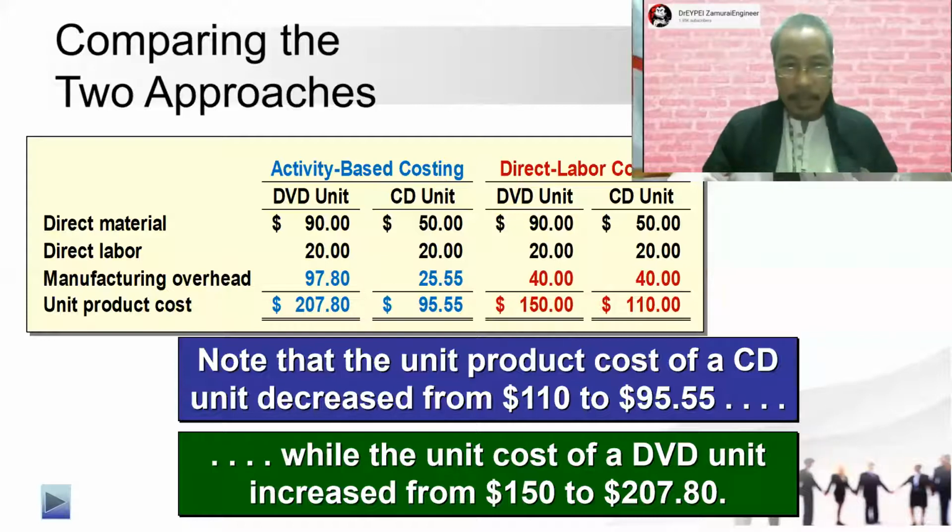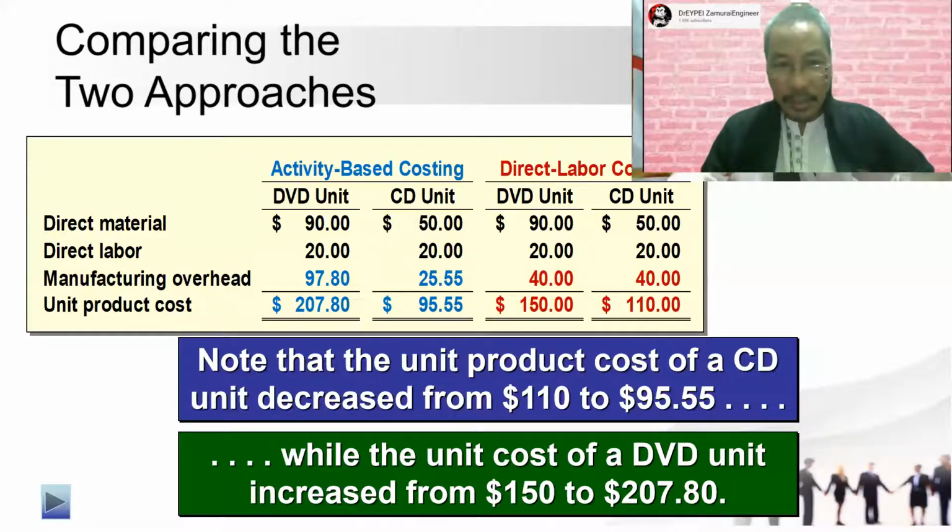But in activity-based, it is different. Those activities which utilize more expensive overhead will correspondingly arrive at a bigger value. Like in this example, the DVD unit is greater than the CD unit in terms of overhead cost.